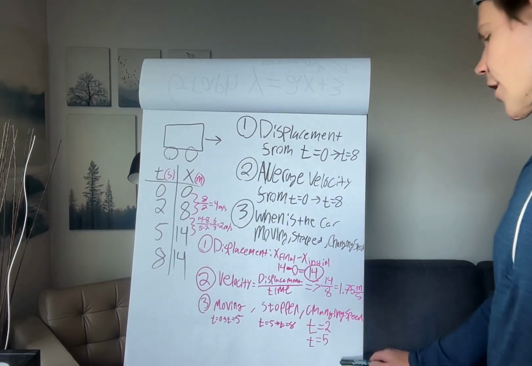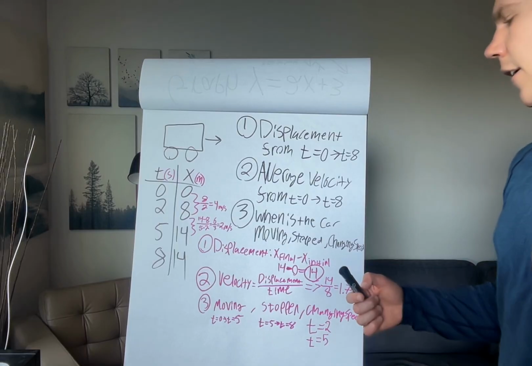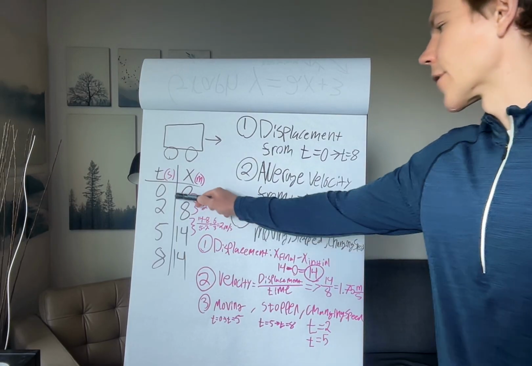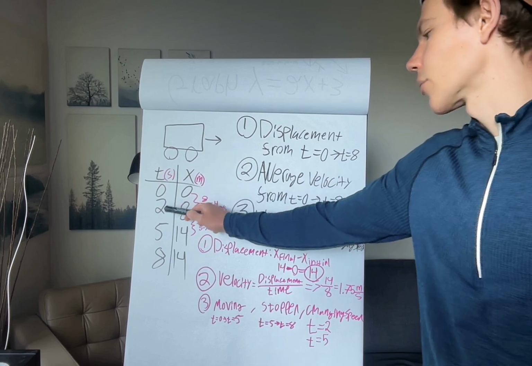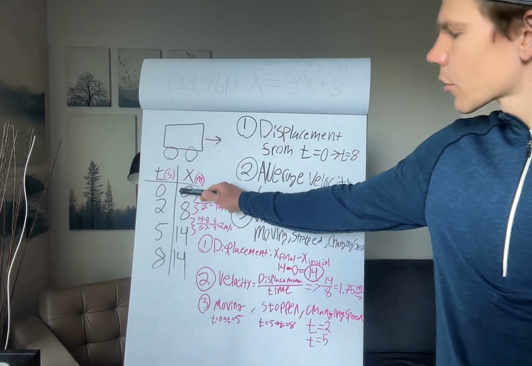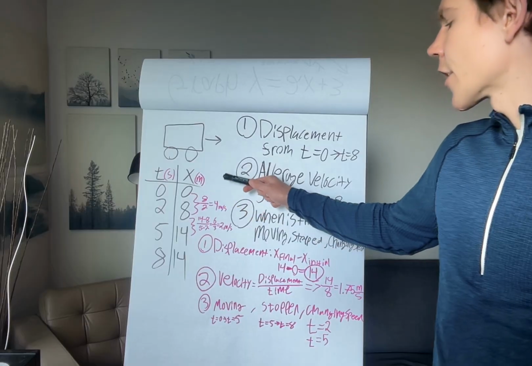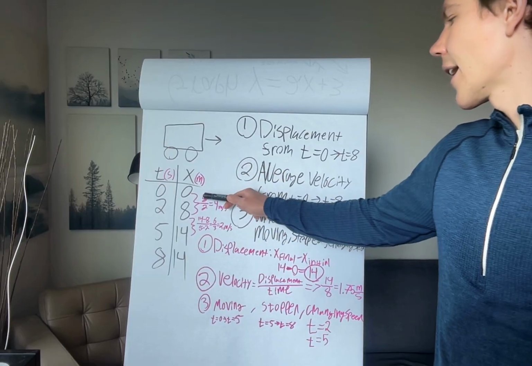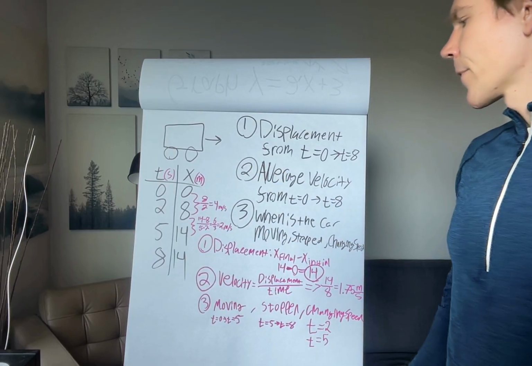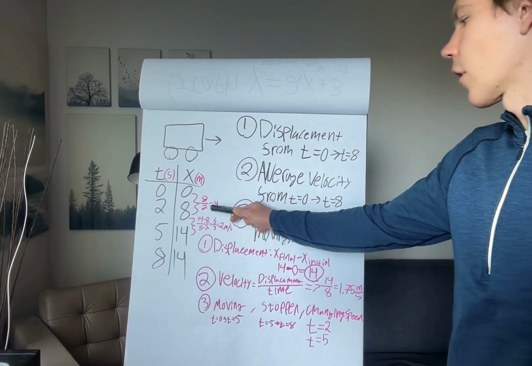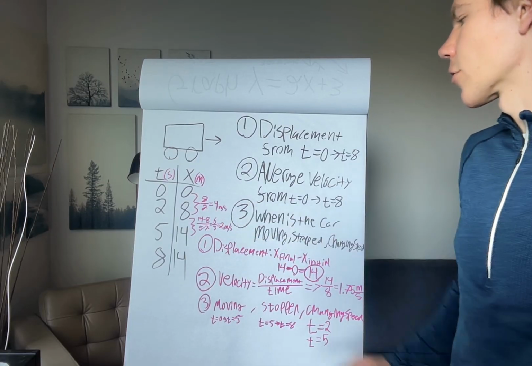And now, when is it changing speed? Well, let's look at the actual intervals that we see here, t equals 0 to t equals 2, and t equals 2 to t equals 5. From t equals 0 to t equals 2, the change in position was 8 meters, and that was over a period of 2 seconds, which means our velocity was 4 meters per second.